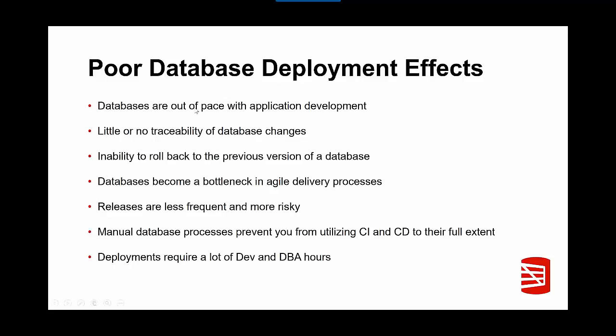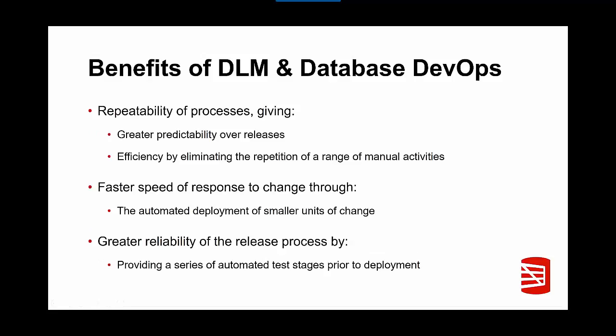So poor database deployments cause all kinds of issues. So what do we want to do? We want to go to DevOps. We want to integrate database lifecycle management with our application developers. If the app guys have got a process, a methodology, then the DBAs and the data pros need to be working off that same app dev methodology in order to arrive at repeatable processes.